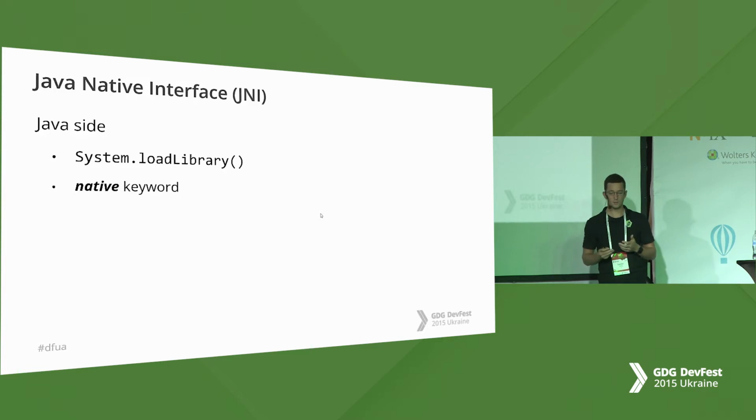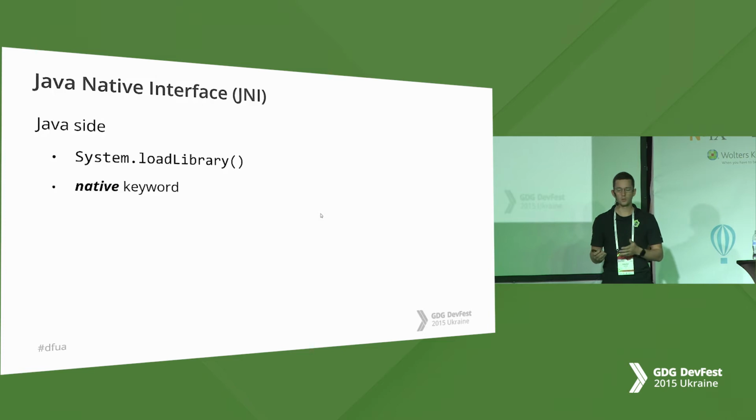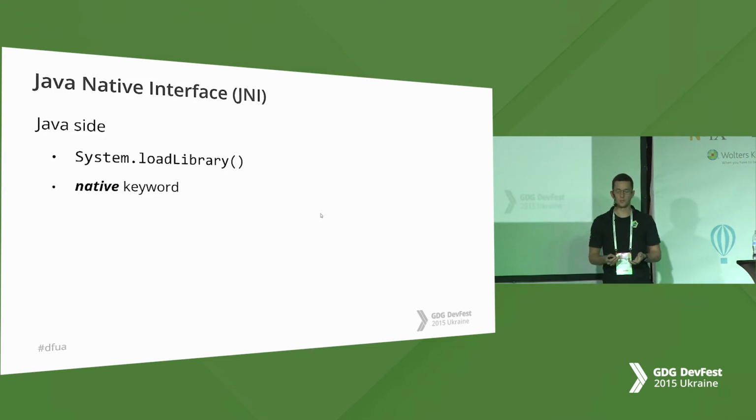On the Java side, it's mainly the existence of System.loadLibrary. System.loadLibrary is a function you use to load a native binary, so a .so file, a shared object binary. That .so file contains the implementation you made in C and C++ in binary form. And on the Java side, you also have a native keyword.